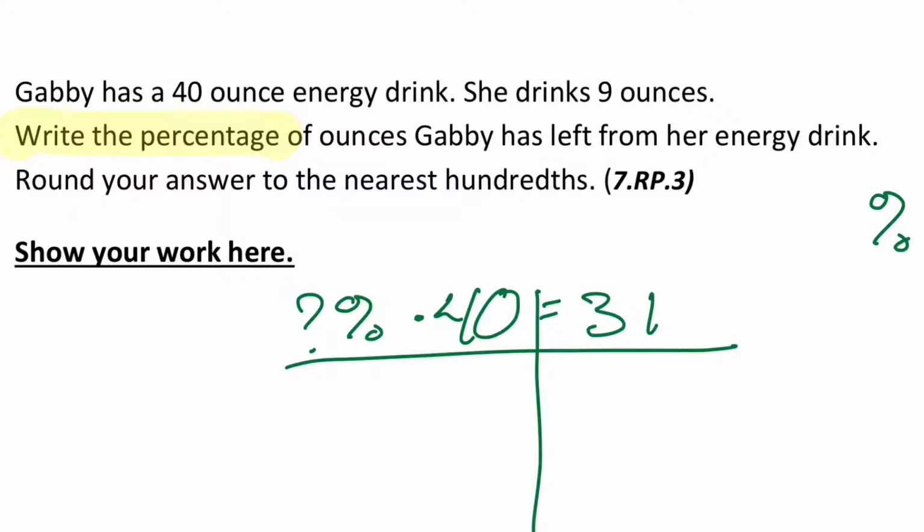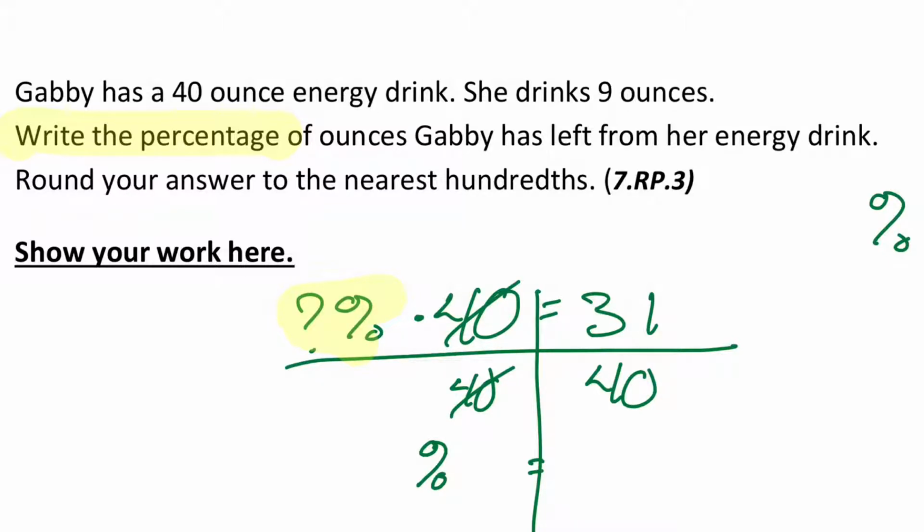I need to find this missing piece, so I'm going to divide both sides by 40. 40 divided by 40 cancels out and leaves us with the percent times 1, which is just the percent. And on this side, we've got 31 divided by 40. At this point, you're probably thinking to yourself, hey, these keep showing up where I have a smaller number on top of the bottom number.